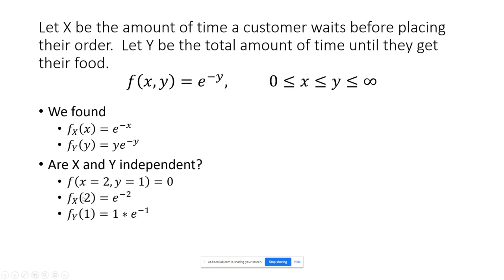But we can plug in x equals 2 and y equals 1 for our marginal densities and find that the marginal density of x at 2 is e to the negative 2, and marginal density of y at 1 is 1 times e to the negative 1. And then we can say, oh look, e to the negative 2 times e to the negative 1 is not 0. So x and y are dependent.